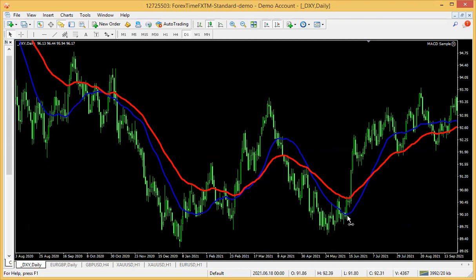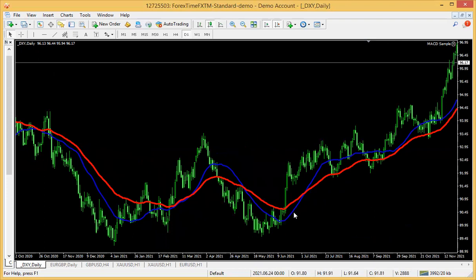So with the help of this blue one, I told you that if the blue one is above the red one, the blue one is the faster moving average, while the red one is the slower moving average. When the faster moving average crosses above the slower moving average and is on top, like this, the blue one is the faster one, above the red one, which is the slow moving average, it means that the market is in a buying direction.